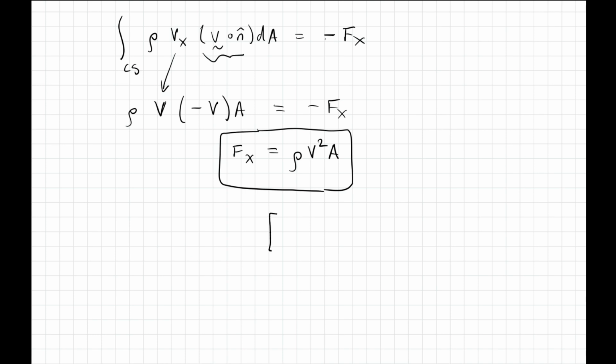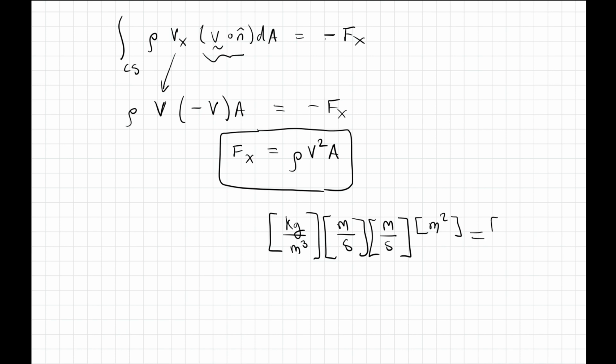Units of density are kilograms per meter cubed. The units of velocity are meters per second, and that appears twice. And the units of area are meters squared. So let's check it out. If I check all that out, I end up with a kilogram.